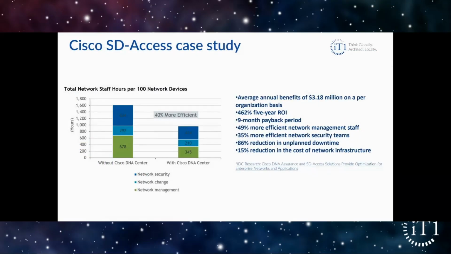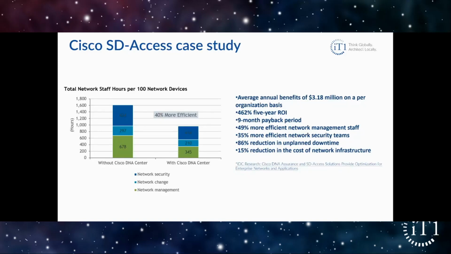So they actually did a case study. This was done by IDC Research. This wasn't a Cisco study. This was done by an independent research company, IDC. And they did a study on people who implemented the Cisco SD-Access and DNA Center. They found average annual benefits of 3.18 million, right?